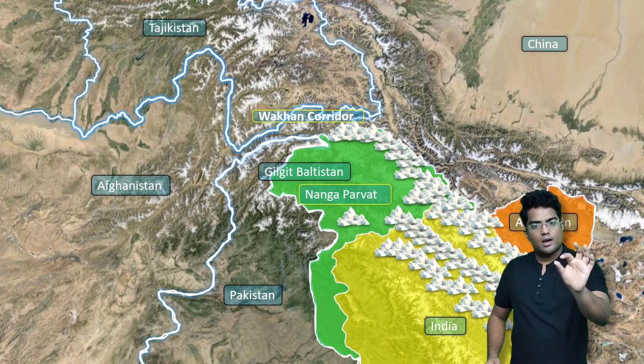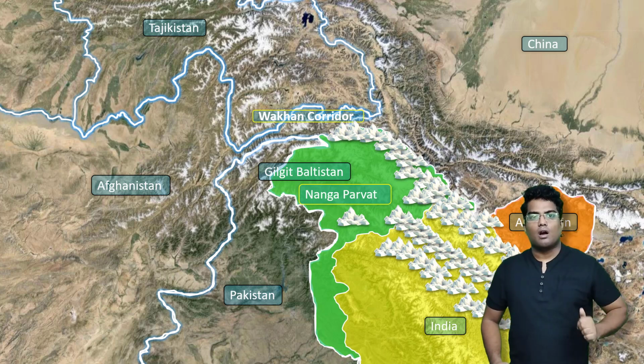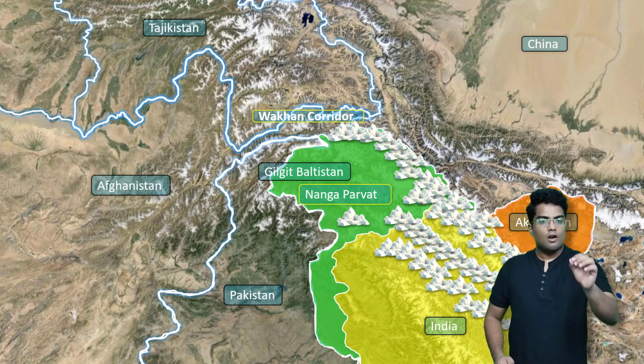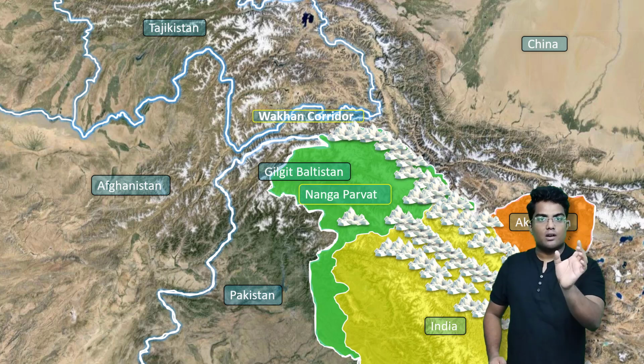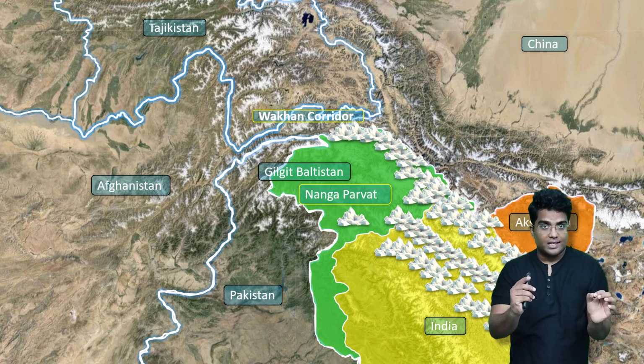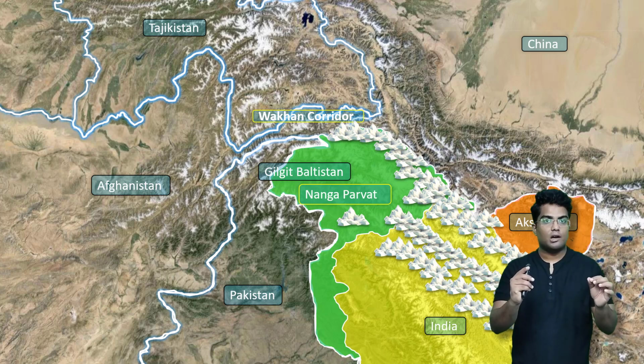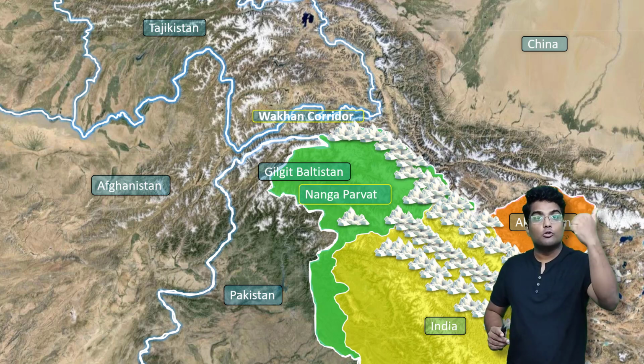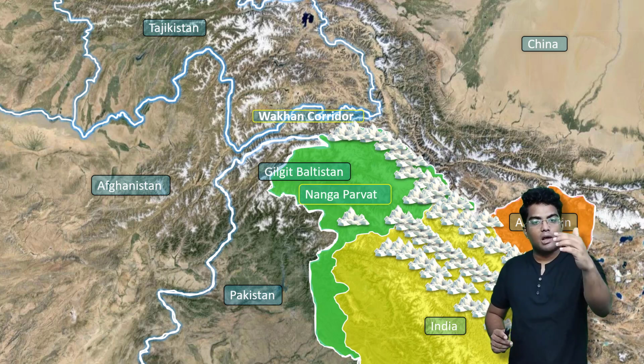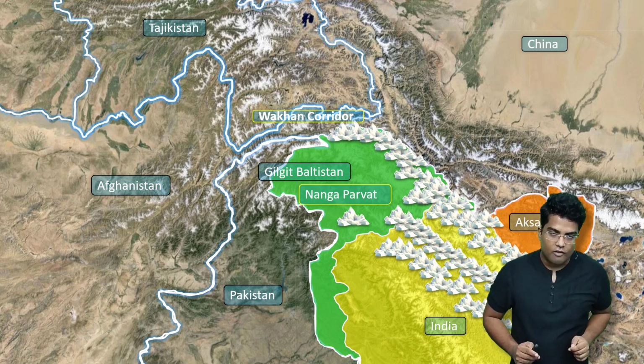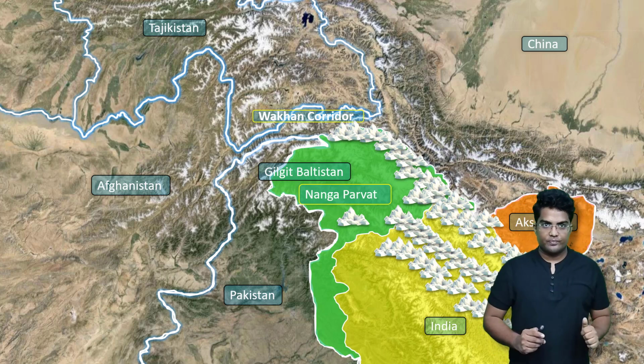So the Trans-Himalayas start basically from the Wakhan Corridor. Wakhan Corridor is the place where the Trans-Himalayas start. So technically, the northmost extreme part of the Trans-Himalayas is in Afghanistan, or Wakhan Corridor. A very easy concept to understand.